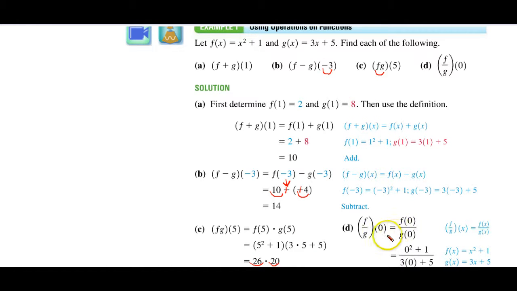All right, let's do letter D first, where we have a quotient we're going to divide. Now, if we put a 0 where the x squared is, that becomes a 0. So our numerator is going to be a 1. If we put a 0 here, 3 times 0 is 0, our denominator just becomes a 5.